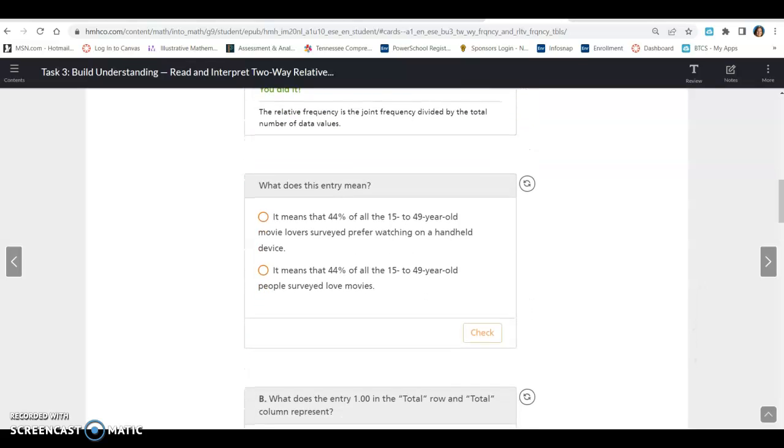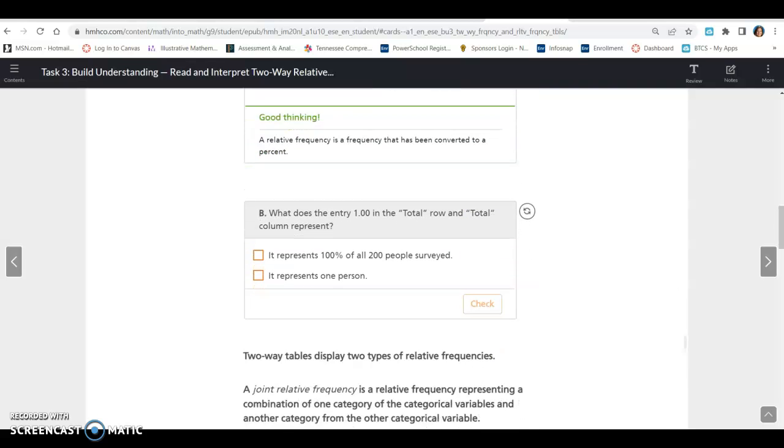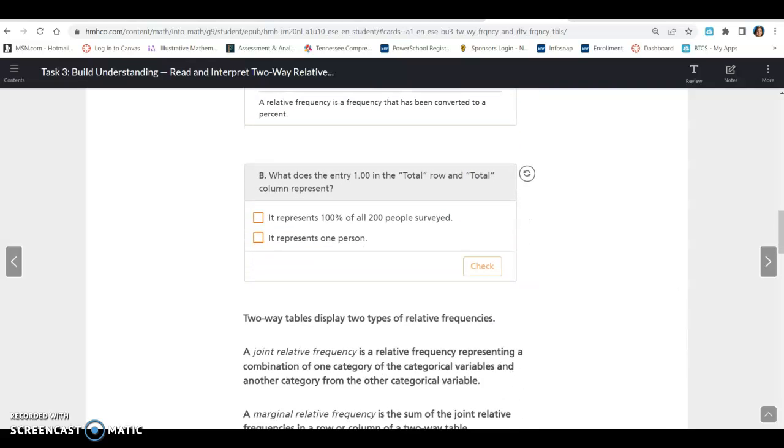All right, what does this entry mean? It means that 44% of all 15 to 49-year-old movie lovers surveyed preferred watching on a handheld device, or it means that 44% of all 15 to 49-year-old people surveyed love movies. So it means they prefer watching on a handheld device. What does the entry 1 in the total row and total column represent?